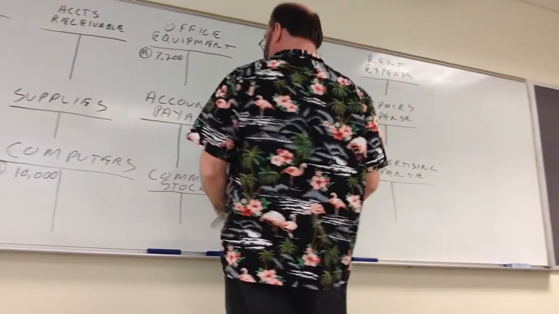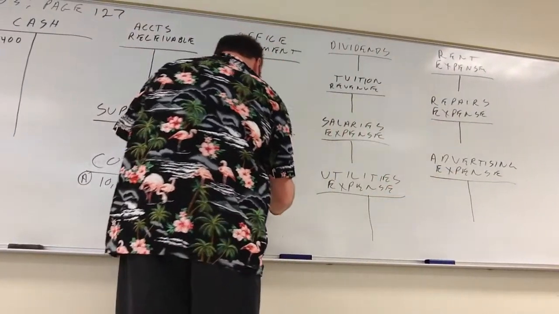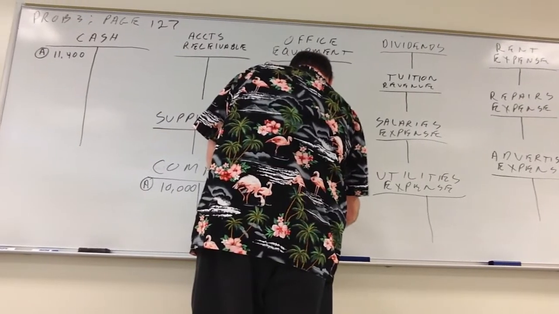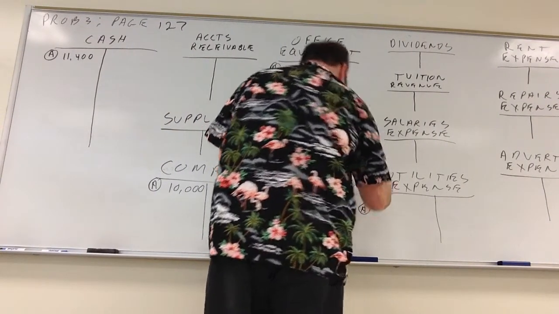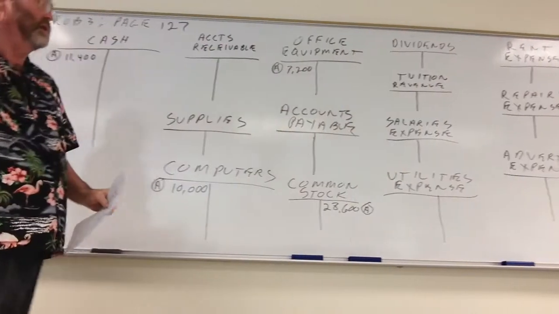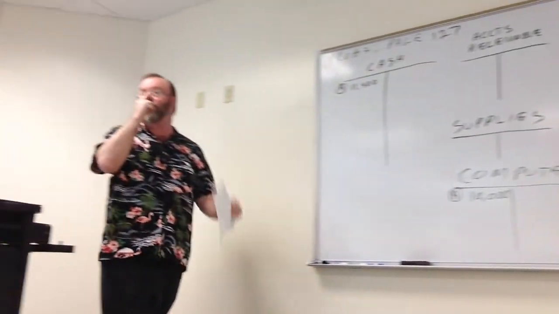And that is common stock. So that's our first entry. To give the credit for common stock, you always just add up all the assets contributed.